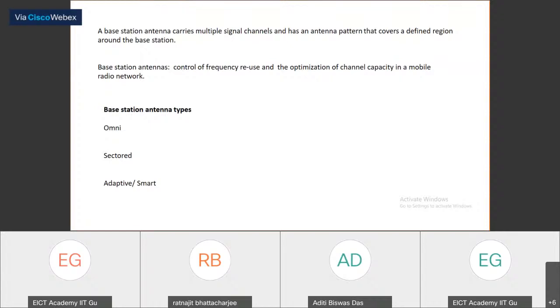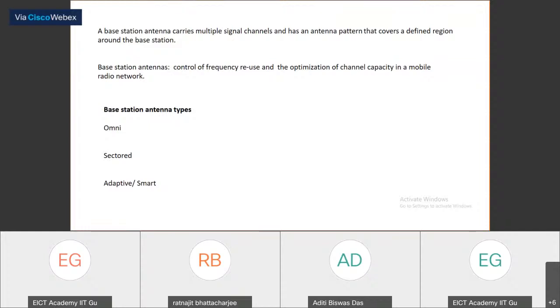Omnidirectional coverage was used in the initial period, and then you know that we use cellular structures and we use hexagonal cells, and if you consider the center of a hexagon, it is almost like covering that of a circle.